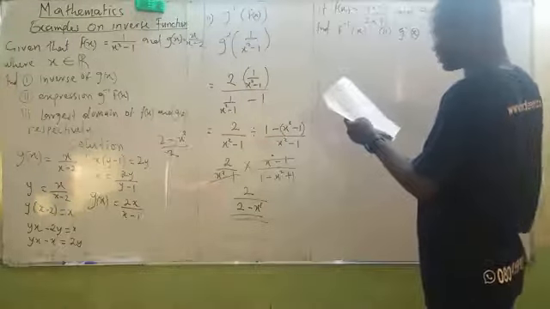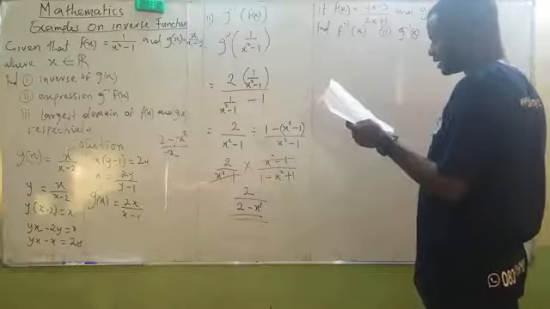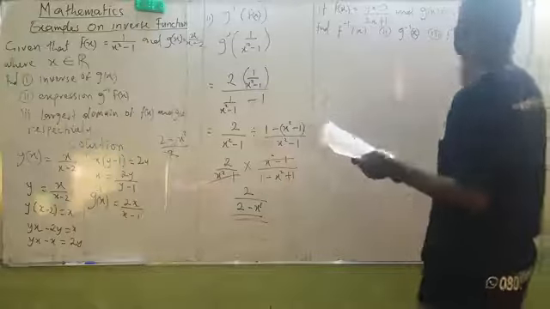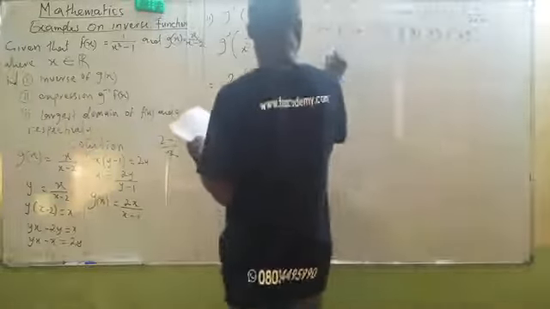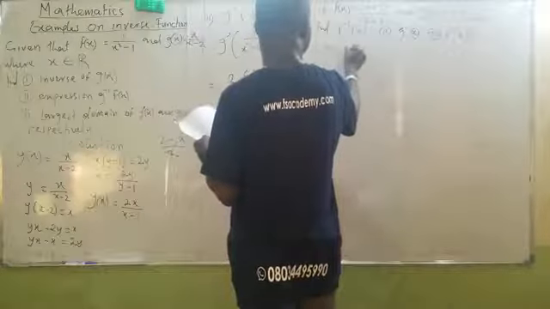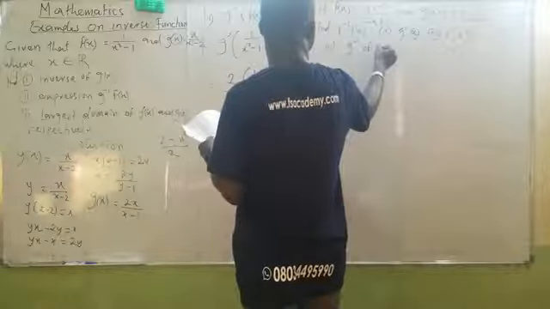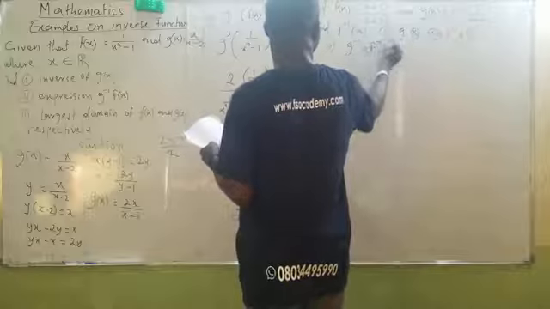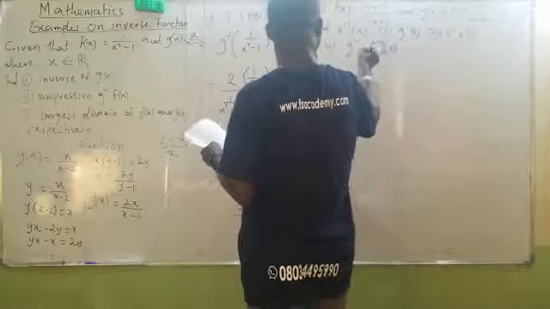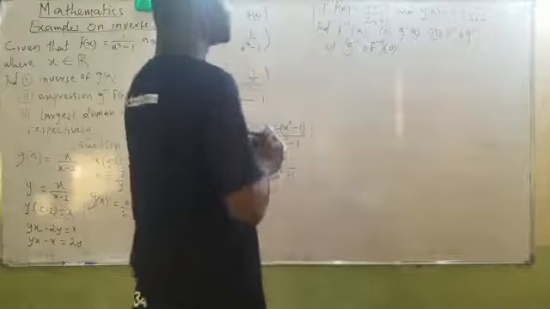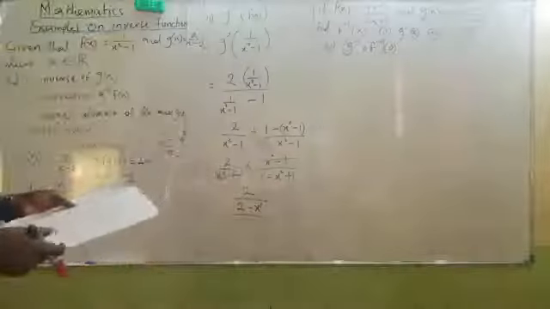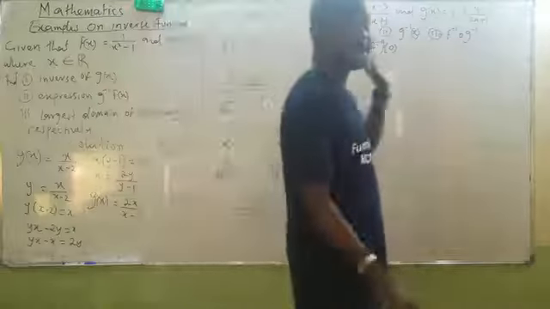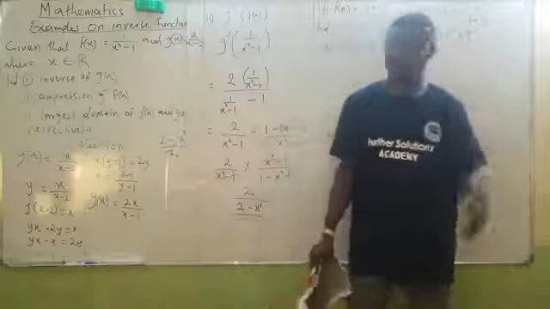And the last part of it, which is 4, you are asked to find g inverse of f inverse of 0. Now, it's a very nice question that somebody can ask you, and it's very simple. Now, I've explained the inverse of function there.